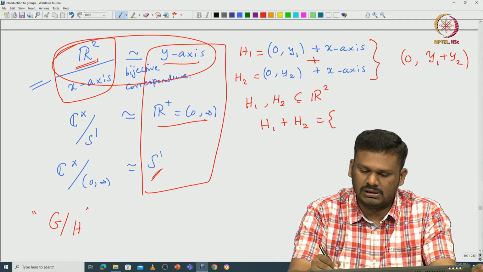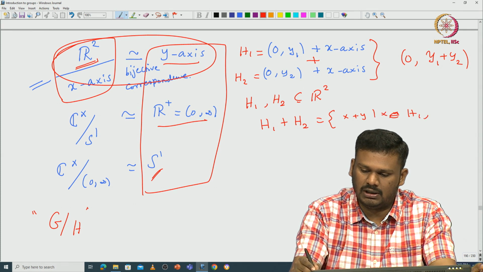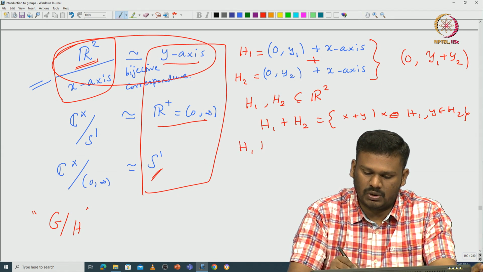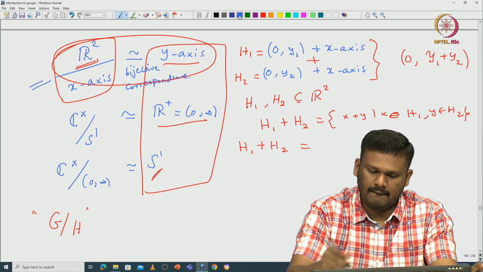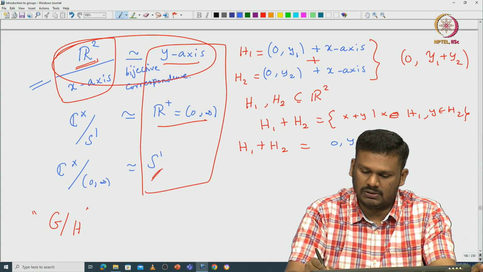What is this? This is just x plus y, where x comes from H1 and y comes from H2. If you work it out, you can see that H1 plus H2 indeed corresponds to (0, y1 plus y2) plus the x axis.